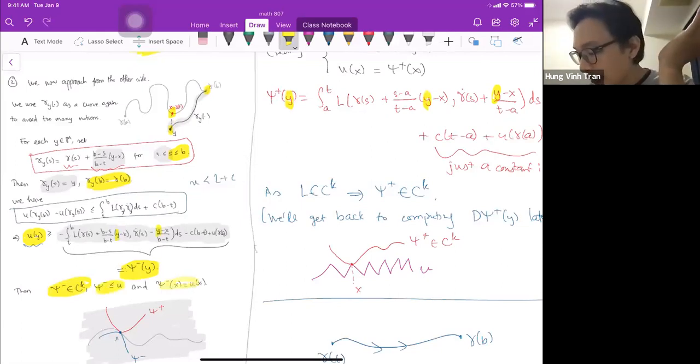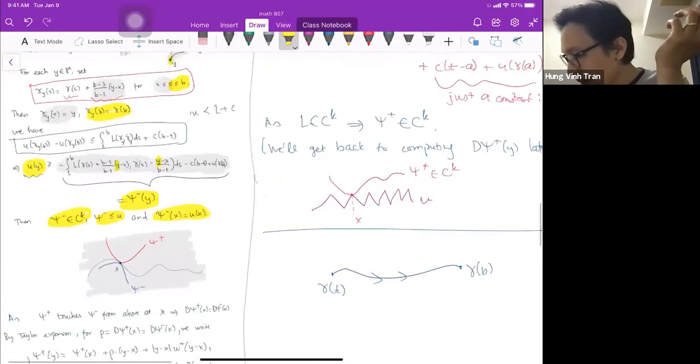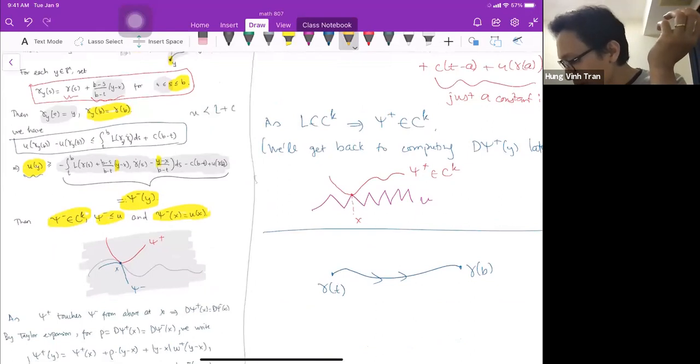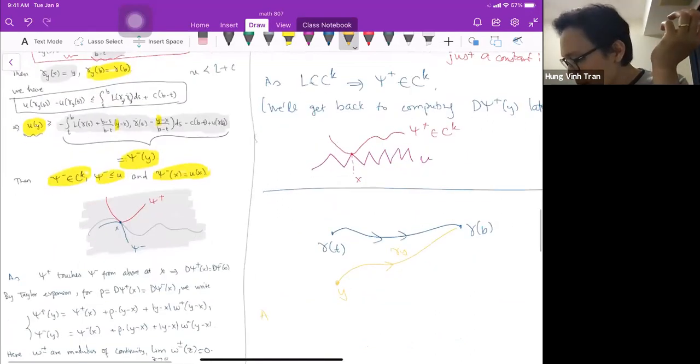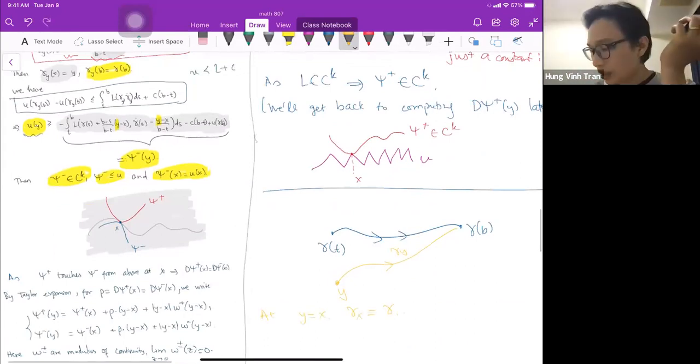And at the point x, the curve gamma y becomes just gamma, right? So I should have said that: this is y, this is sort of like gamma y. At y equals x, gamma x is nothing but just gamma, right? So that means that I have equality at x.